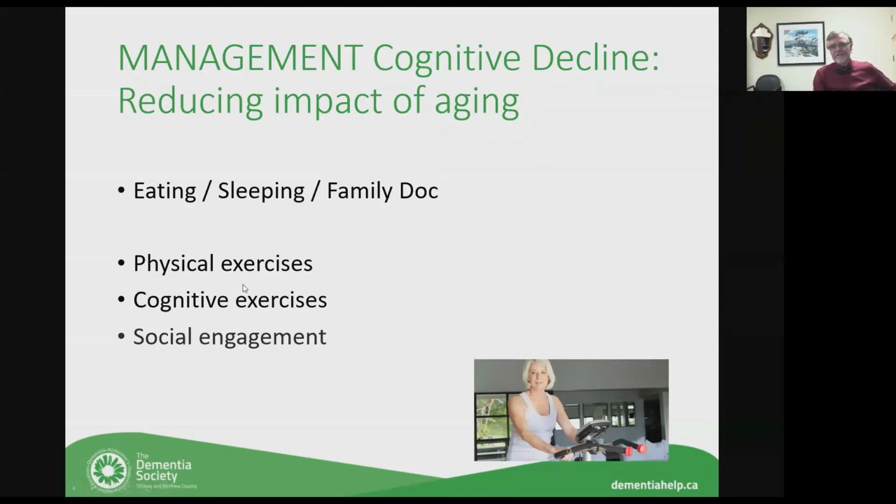Physical exercise is the best thing you can do for your brain, because when you physically exercise, your muscles in your legs are calling for more oxygen, you're breathing more deeply, your heart is pumping harder, and guess what? The brain benefits from all that extra blood flow, and that's a good thing. Cognitive exercises are good for the brain, especially ones that are affecting different parts of the brain, and of course, social engagement.